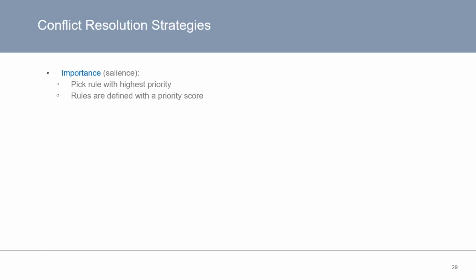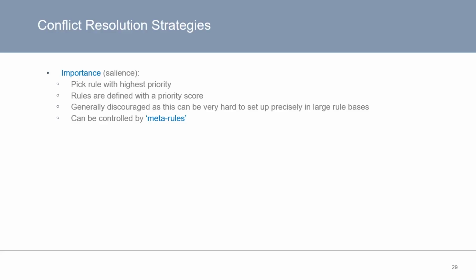Another way to go about conflict resolution is to assign importance to rules. This is also known as salience. Here, we want to pick the rule with the highest priority. Thus, rules have to be defined along with some kind of priority score. This is often discouraged as it can be very hard to set up precisely in large rule bases. You could also employ meta-rules to serve as tiebreakers in conflict situations.